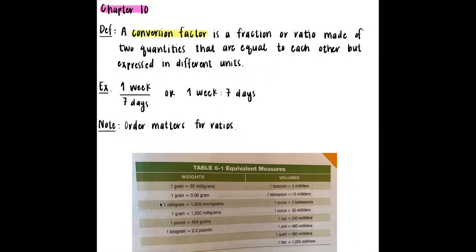If I'm expressing week on the left-hand side, then everything on the left-hand side should be expressed in terms of weeks. Same thing for days. So be cautious that you're keeping the same order of how you're expressing the units.